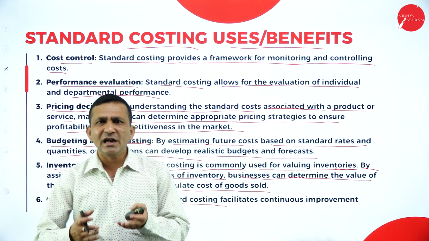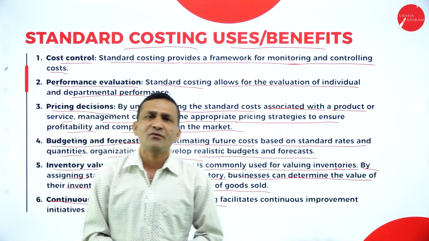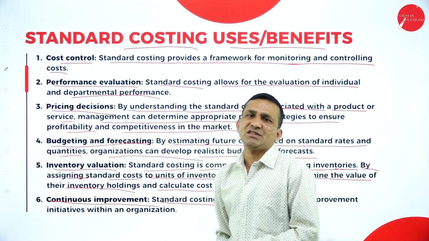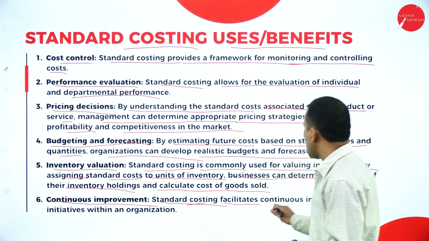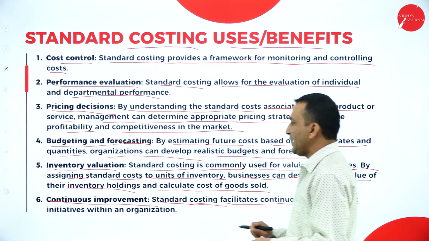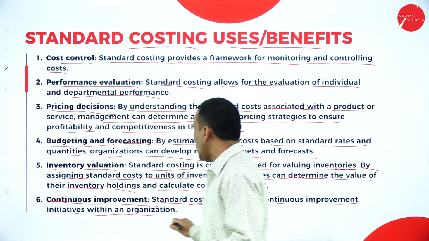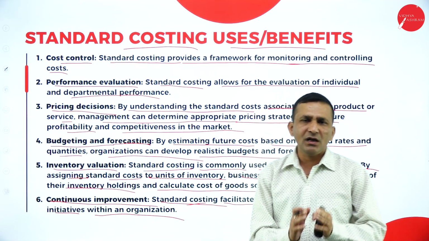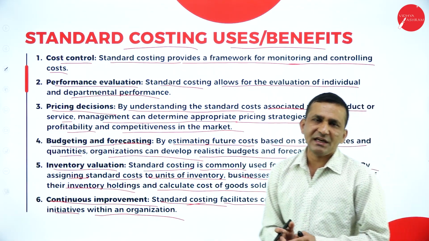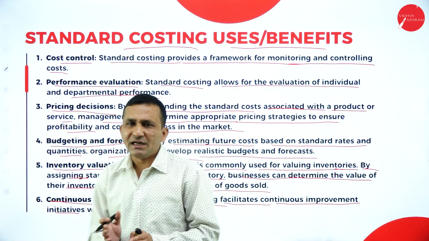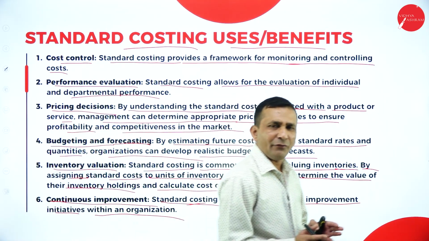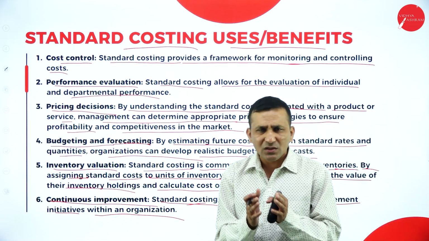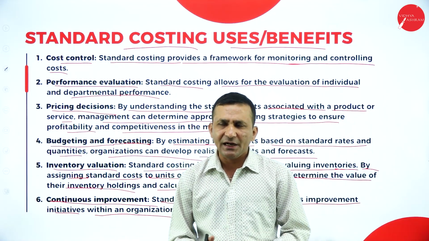Majorly we are talking about the improvement of overall performance, efficiency and effectiveness of the individual departments or individuals. So the standard cost facilitates continuous improvement initiatives within the organization. Everyone is important, so that's why we are setting a standard. Unless you set a standard, we do not find proper working.